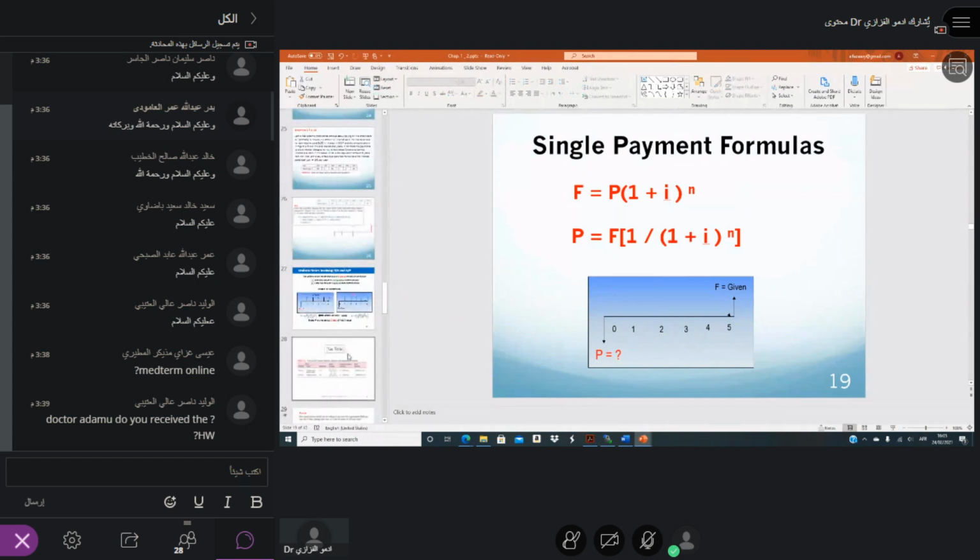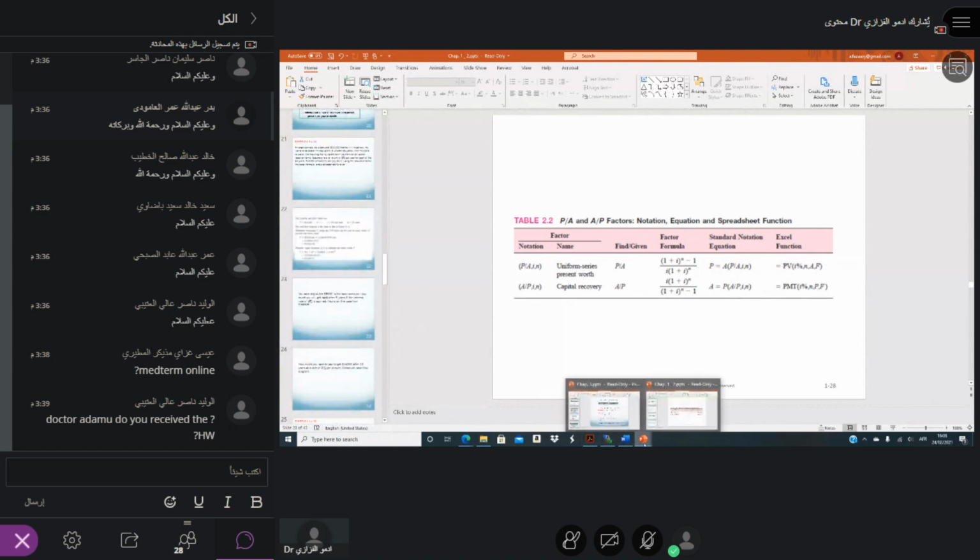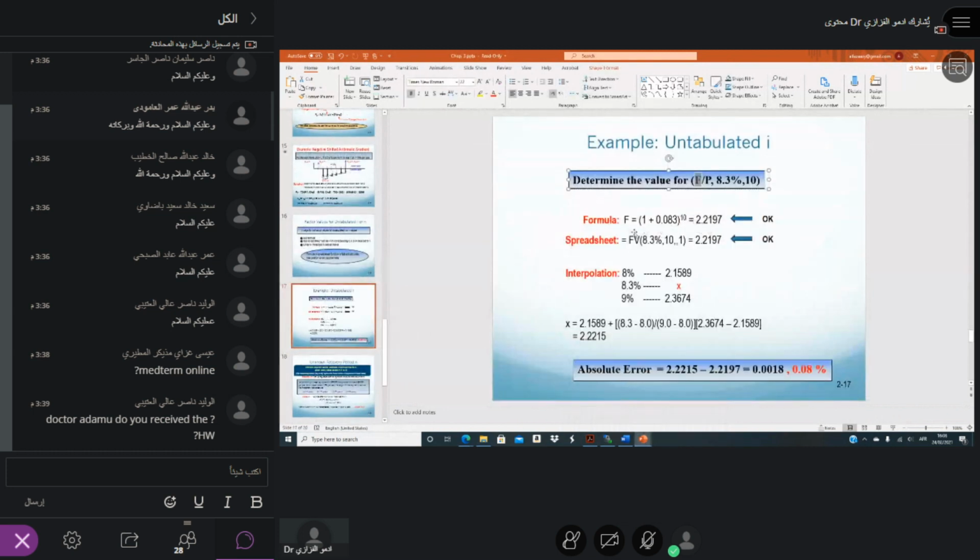It's straightforward. You can also use this Excel function to find F. I think the Excel function is FV, with brackets: i, which is the interest rate 8.3%, comma the number of years, that is 10, and then 1, maybe the value given, maybe P or something like that.